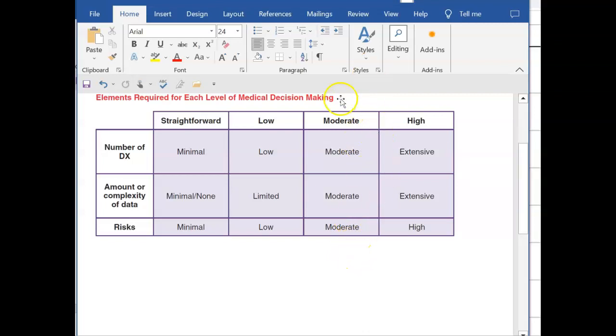But as you see, it does still match up if we do the chart. So you need 2 out of 3. We can't upcode. Even though we had an extensive number of diagnoses, we would have to have a high number of risk. Then it's 2 out of 3, and we could have gone with that high mark. But since it's extensive, moderate, minimal, you have to down code. We only need 2 out of 3. So here's 1, 2, so we can go down to a moderate.